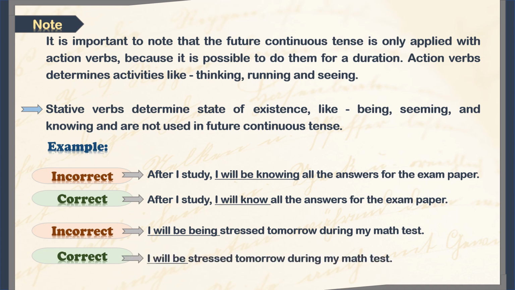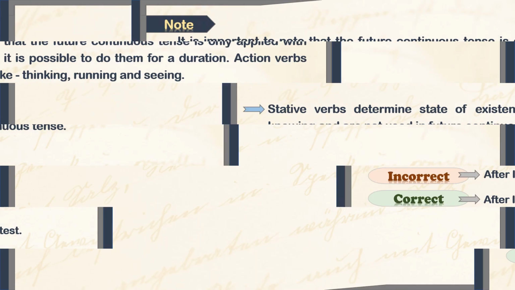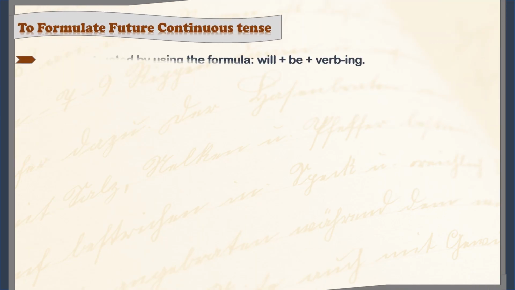I will be stressed tomorrow during my maths test. This is incorrect. The correct sentence is: I will be stressed tomorrow during my maths test. To formulate future continuous tense, the formula is will plus be plus verb with ing.